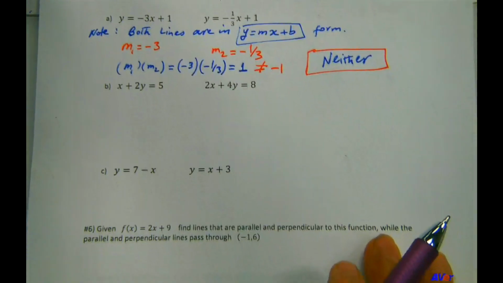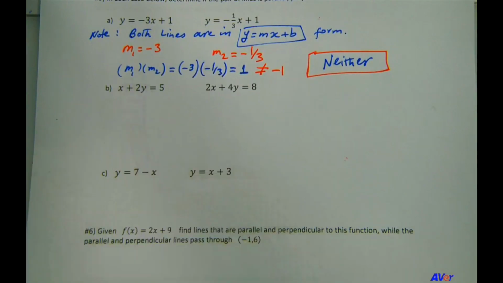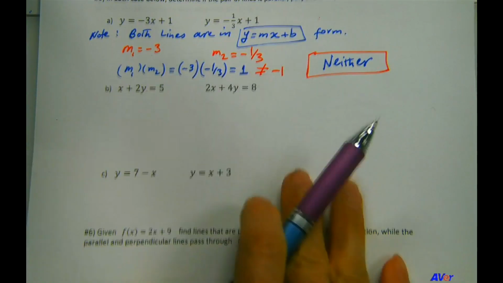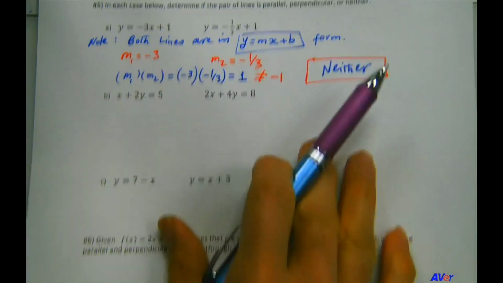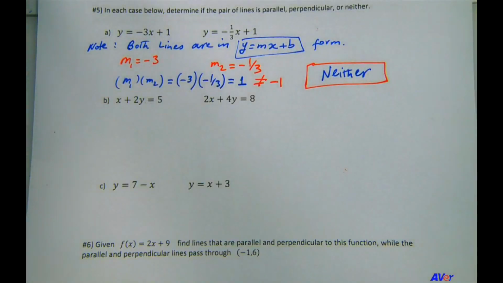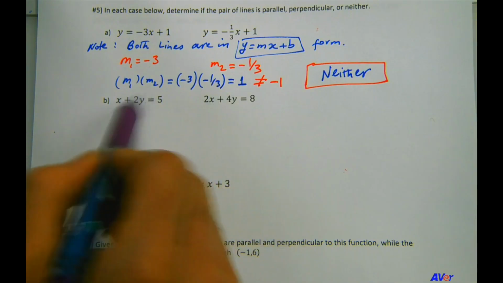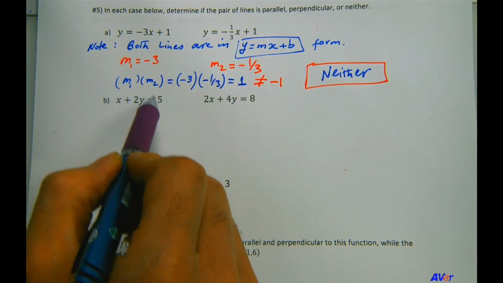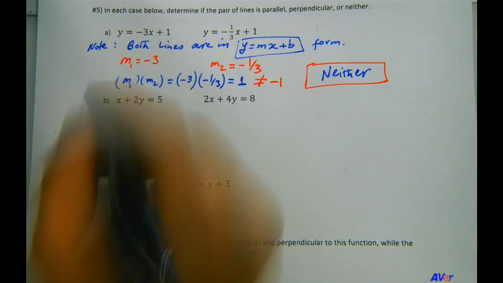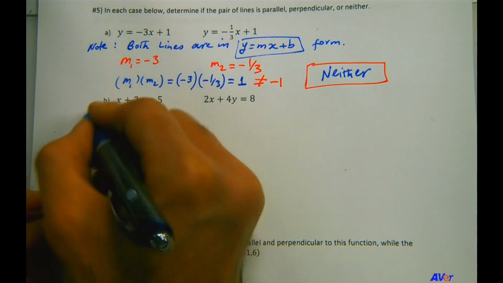So let's look at the next two lines. Note here both lines were in y equals mx plus b form, but here they're not in that form. So we need to put these lines in y equals mx plus b form.